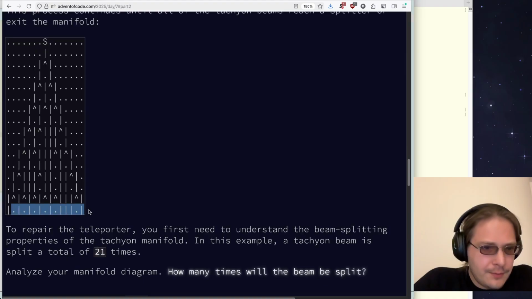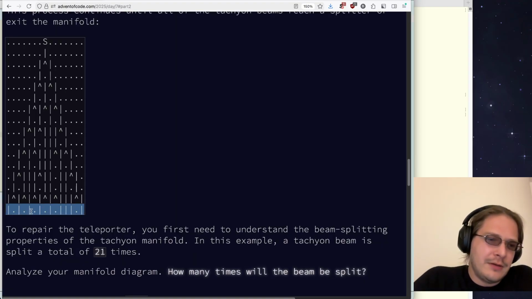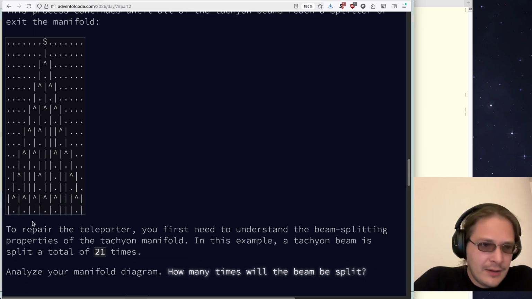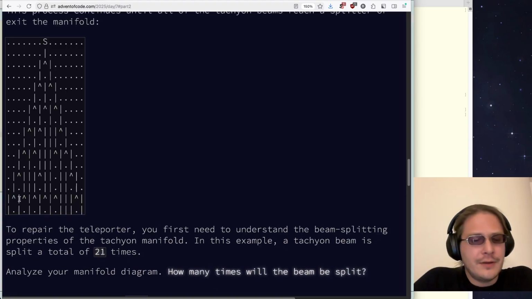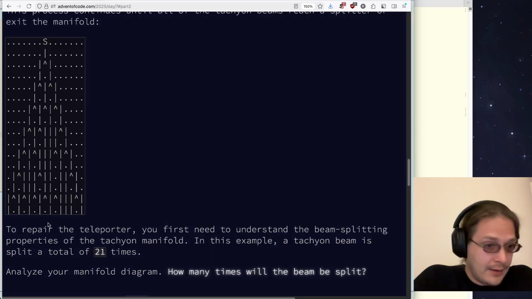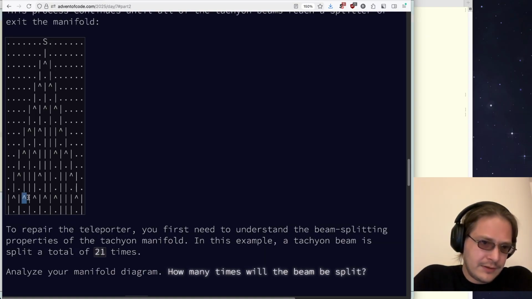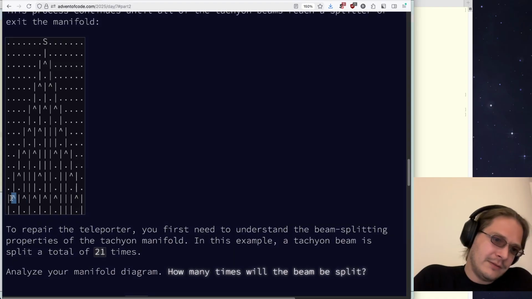Now I know that the beams fell here. So we know that in all possible timelines, beams fell here, here, here, here, and here. Then if we wind this back, then these beams come into contact with the splitter. Ah, that's why tachyons, because they travel back in time. Yes, that was the hint. And this one propagates here, and in one reality it interacts with this splitter, in another reality, it interacts with this splitter.